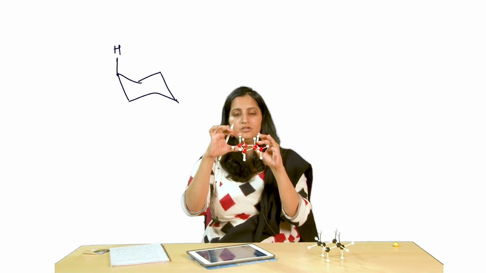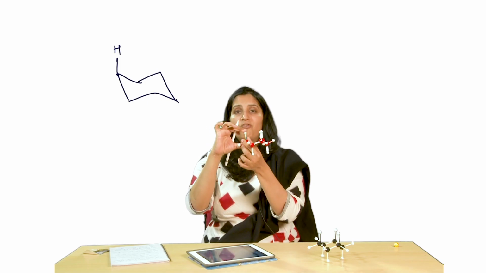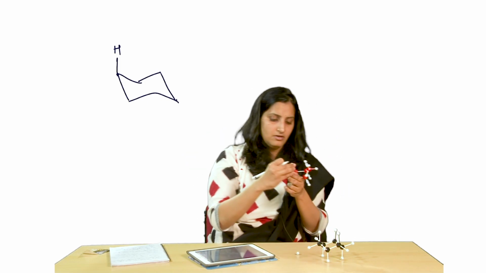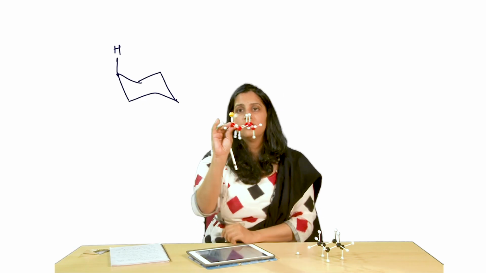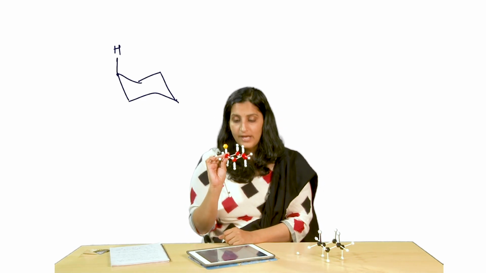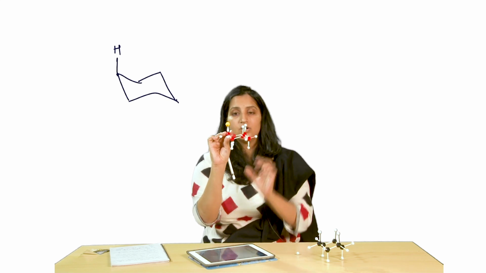This is the particular hydrogen here, the yellow one. That is the one we are talking about. Now, what happens as this chair interconverts is that the head will become the leg of the chair and the leg will become the head of the chair.